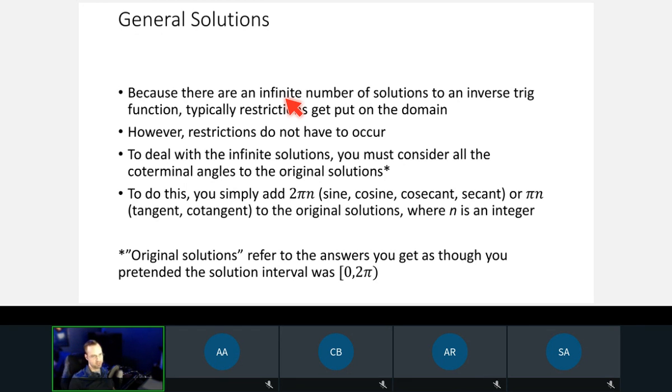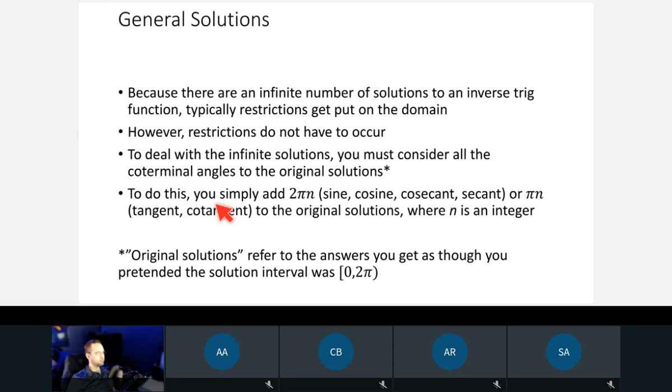Like yesterday, the restrictions on all those example problems was 0 to 2 pi. On your modules, they might say 0 to pi or even 0 to pi over 2 or whatever it may be. For these, we are not going to have restrictions today. So that's where the general solution form comes into play.